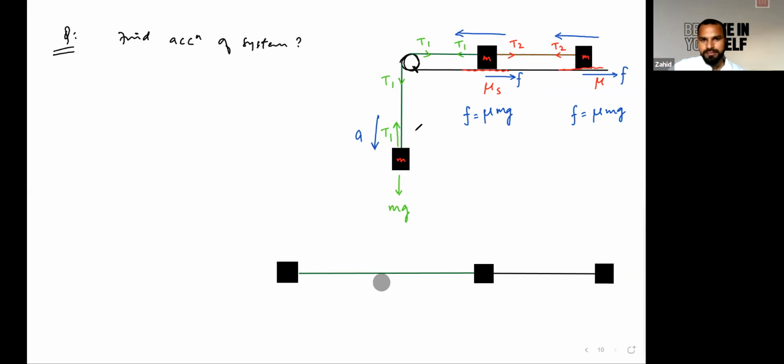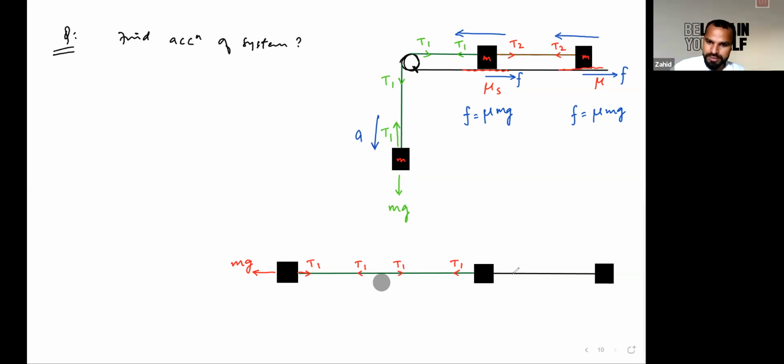I just bring this particular mass straight to it like this. And now on this basis, just draw all the forces acting on this. So first is mg, which is at this point, so it will move to this. There will be one tension at this point, T1, at this point, T1, at this point, T1, and at this point, T1.